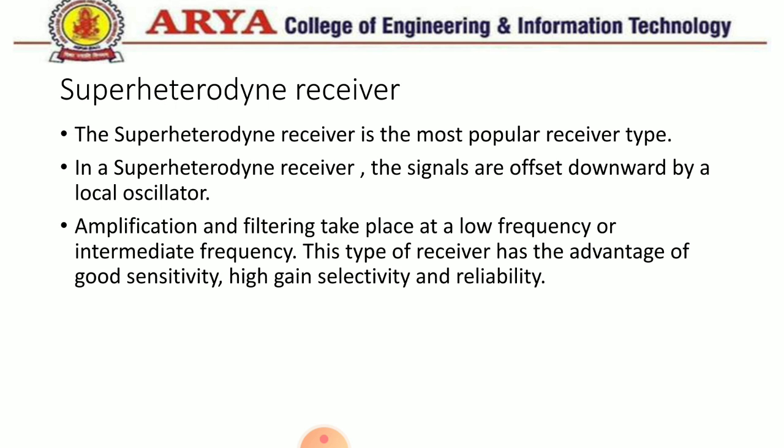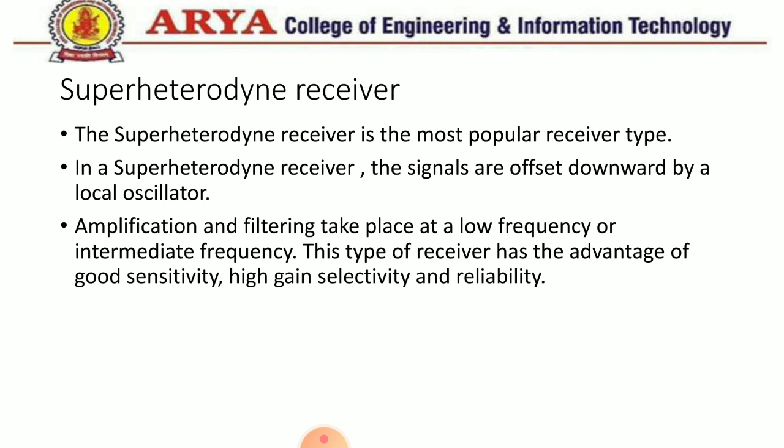The superheterodyne receiver has a lot of advantages. It is the most popular receiver type, and it is widely applicable. In a superheterodyne receiver, the signals are offset downward by a local oscillator. Amplification and filtering take place at a lower frequency, or intermediate frequency.